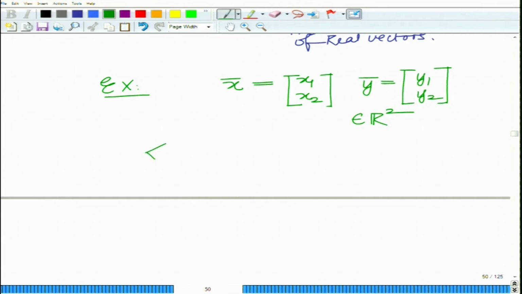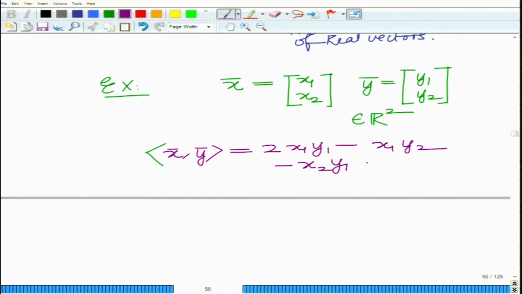And let us define this assignment for these 2D vectors as x bar, y bar equals twice x1 y1 minus x1 y2 minus x2 y1 plus 5 x2 y2.